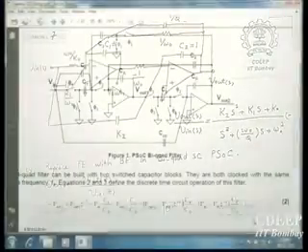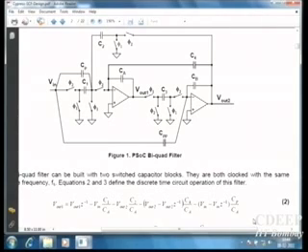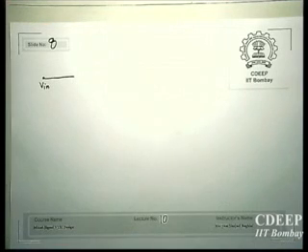So here, if you want to extract the transfer function in Z domain, I just draw the input part so that you will see how it is. So it is V in.